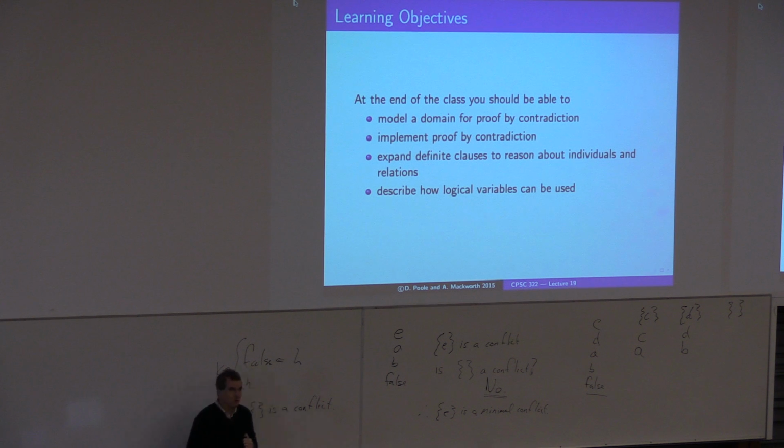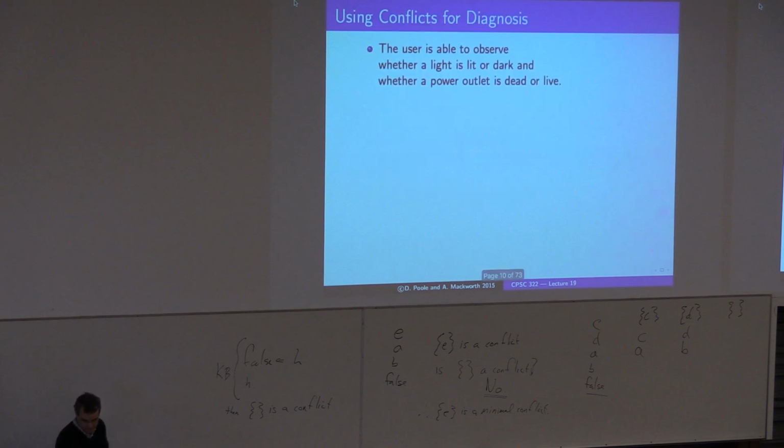Then later on next week, we're going to talk about planning. So we're going to talk about proof by contradiction, we're going to implement it, and then we're going to talk about individuals and relations and logical variables. But first of all, we're going to talk about conflicts for diagnosis.